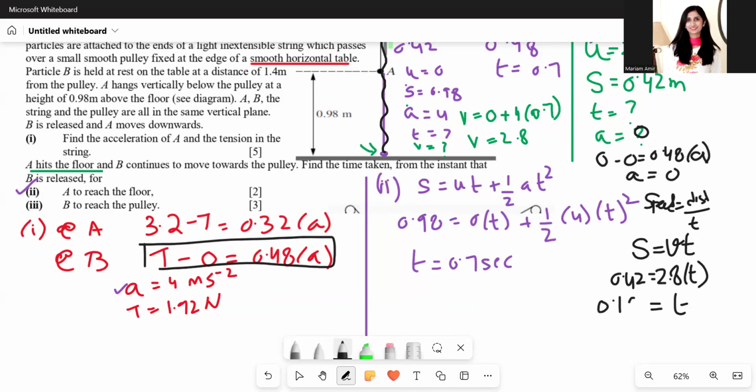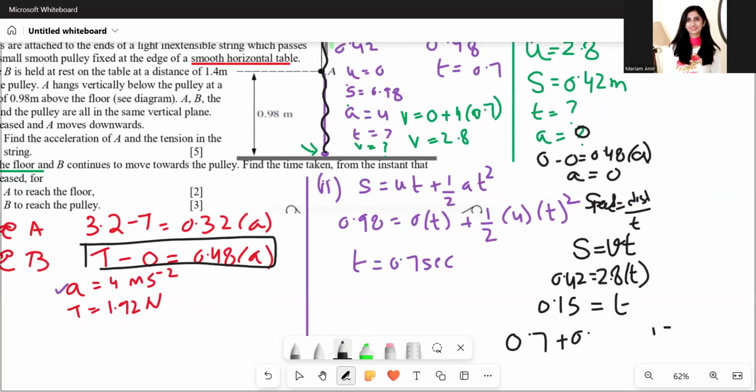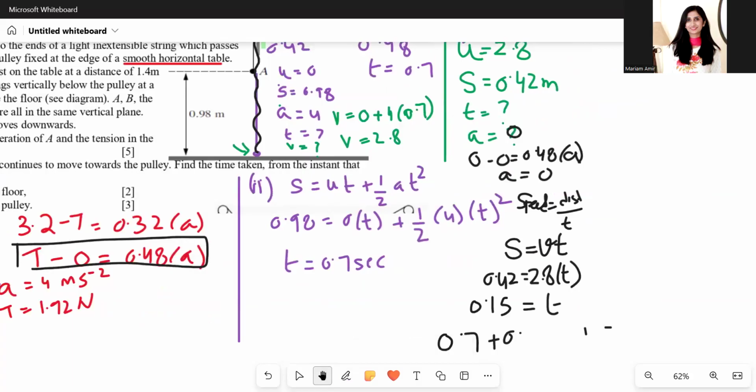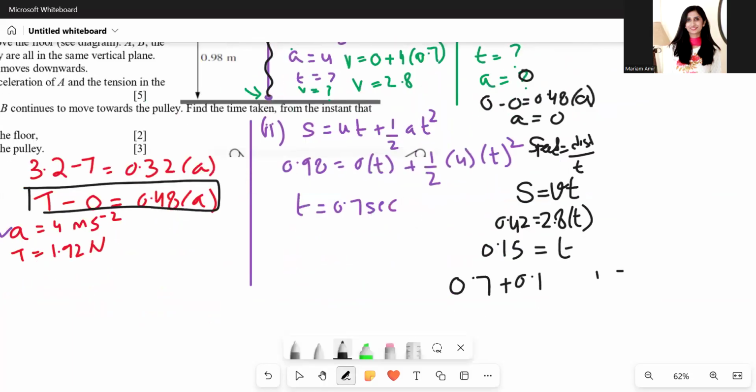And the total time it takes B to start moving and hit the pulley would be 0.7 plus 0.15, which is 0.85 seconds.